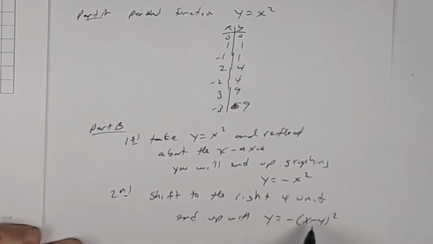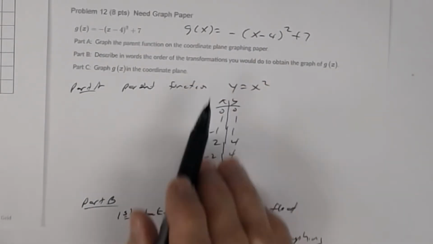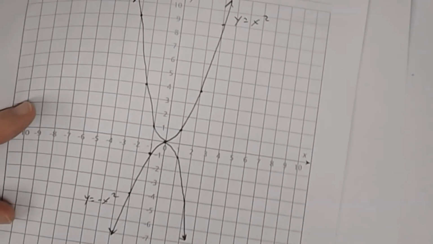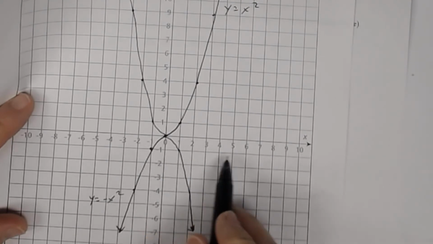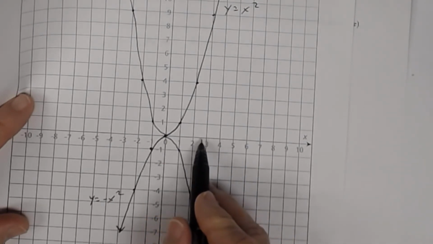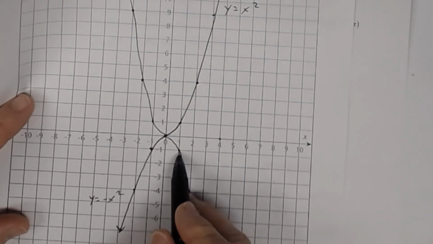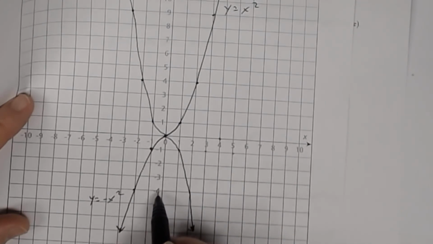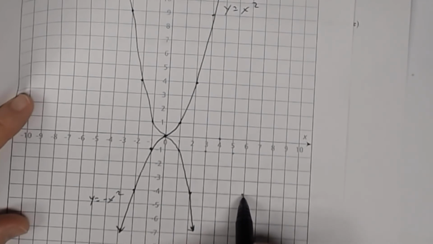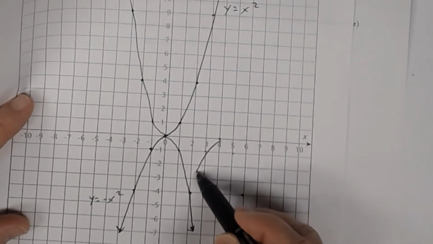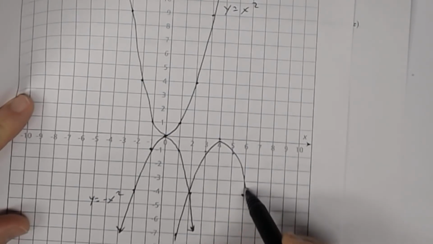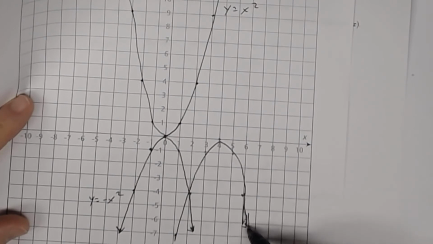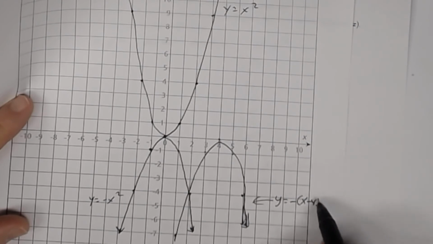So you're shifting every point to the right. So go 1, 2, 3, 4, for each of the points. Something like that. Okay, so what I've graphed here, I could be a little bit better right here, but this is now y equals negative, in parentheses, x minus 4 squared.